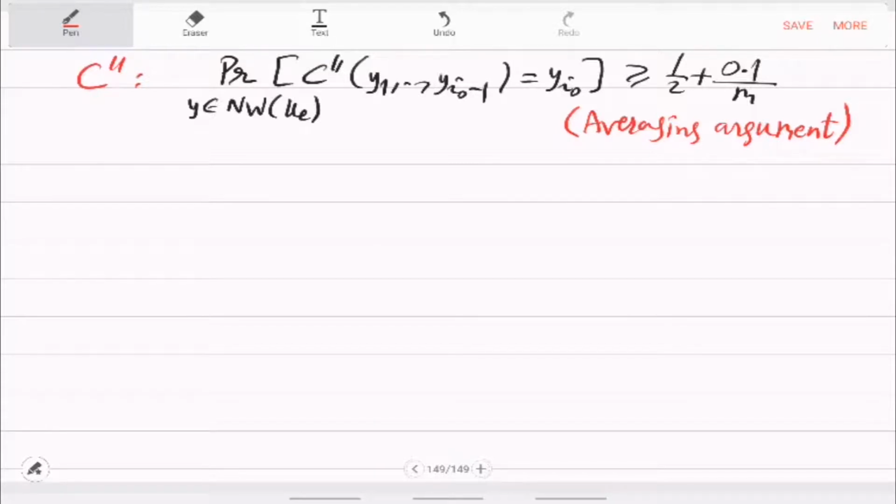Now, what is the size of C prime prime? Size of C prime prime is the same as the size of C, right? Why is that?